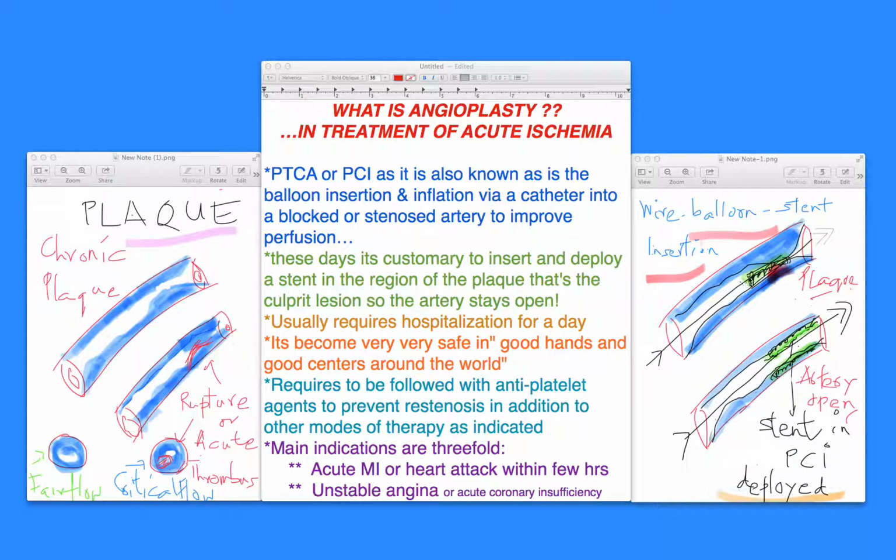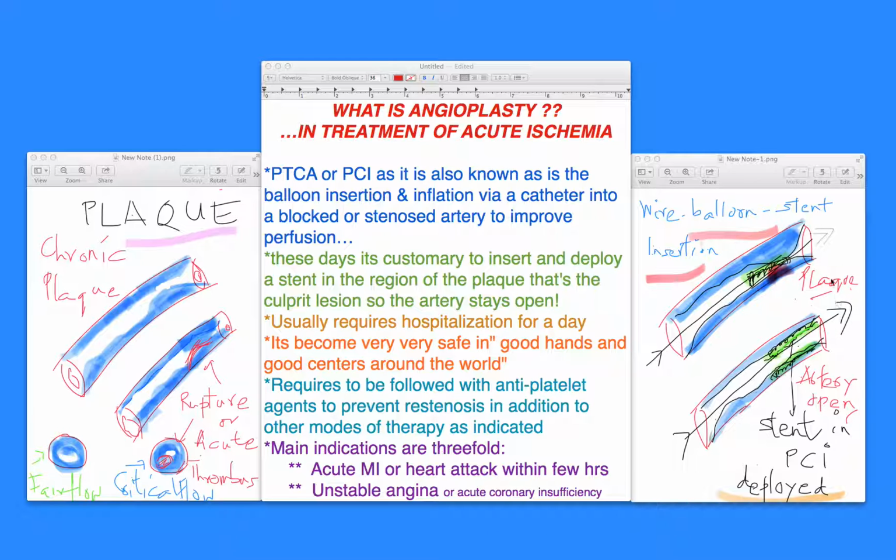So now, once the catheter and the stent is passed through it, the balloon gets inflated. And once the balloon gets inflated, the plaque is displaced, so that now it is juxtapositioned only to the arterial wall, and the lumen is restored.